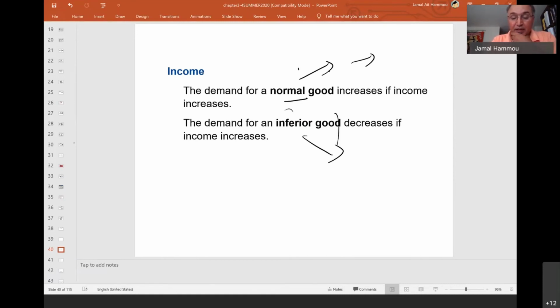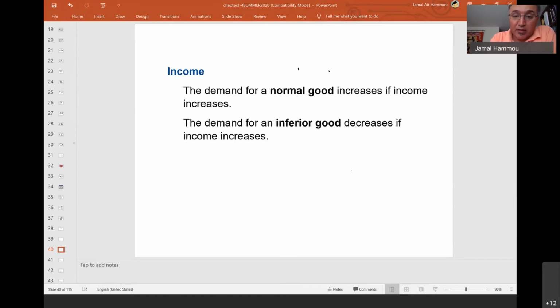A cobbler fixes shoes. You fix your shoes if you lose your job. Otherwise, if you have income, you might buy new shoes instead of fixing them. Tailors, too, where you go to fix your t-shirts and stuff like that. So there are a few such goods. I think public transportation could also be considered an inferior good, because people take more buses and trains when they feel like their income is going down.